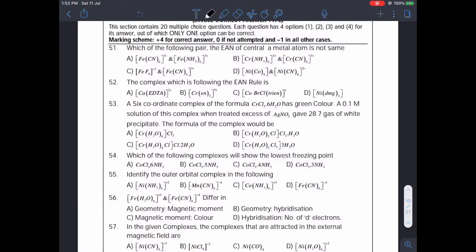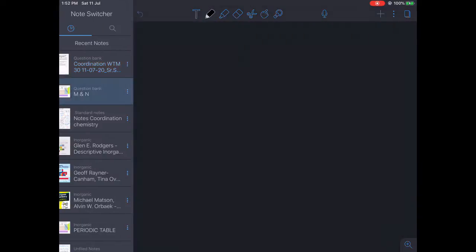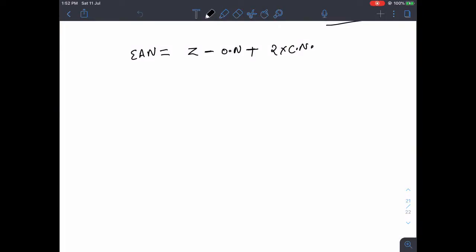One is [Fe(CN)6]3- and [Fe(NH3)6]3+. How to calculate? Very simple. First calculate the oxidation number.